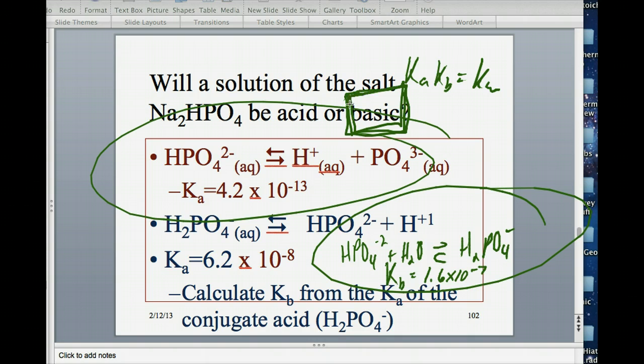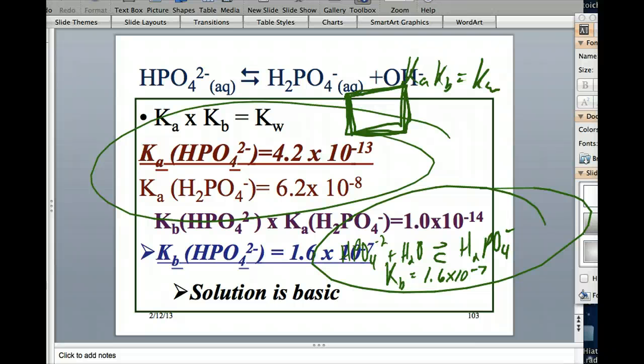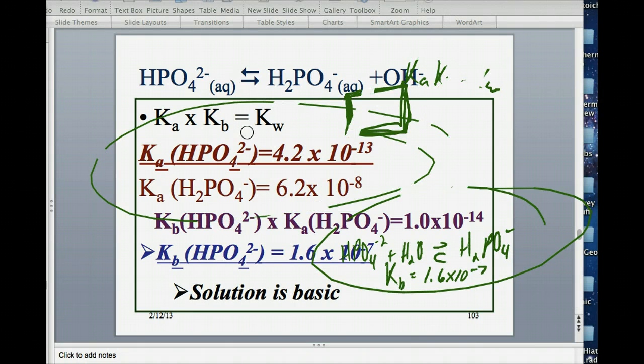So in this scenario, when you're just dealing with plain Jane water, HPO4 ion, hydrogen phosphate ion, is a basic anion. It has more of a tendency to go back to the dihydrogen phosphate ion compared to its tendency to lose its H. I think they did the math on the following pages to do the same thing that we just did. Looks like they're doing the same thing here with the Kas, finding the Kb.